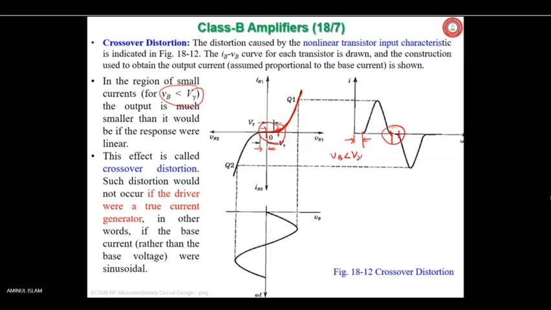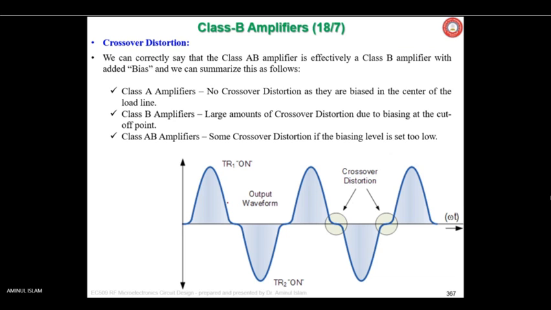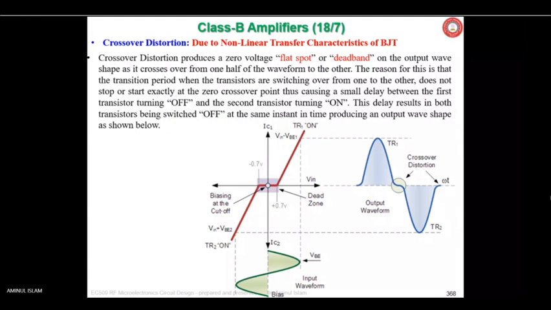Are you getting my point? Say it is a push-pull connection. Think of where two transistors are there. One is on, the other is off. This side is off, the left side is off, and this side is not yet on. That is what is happening. This will be more clear with this diagram. Crossover distortion is occurring here during the switching: one is off, another is on.